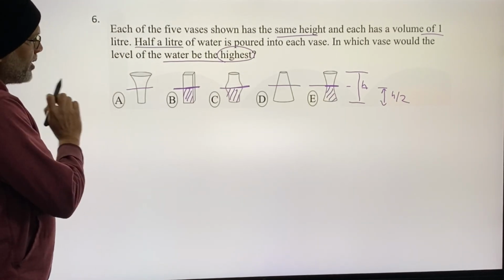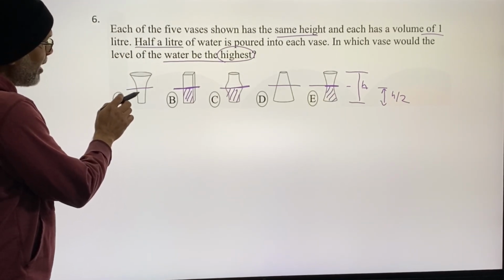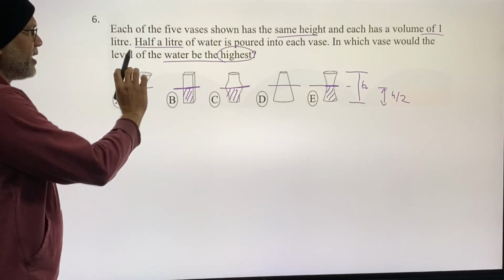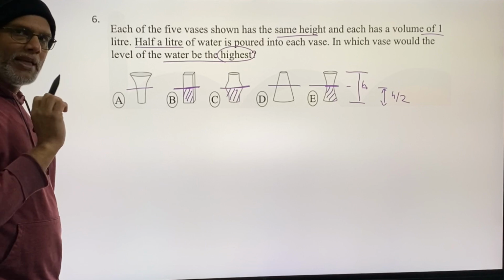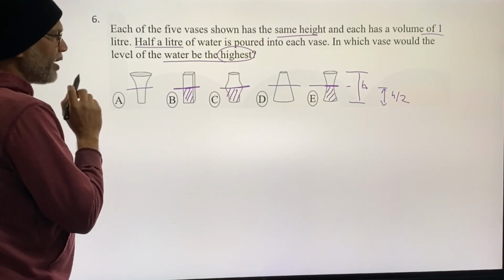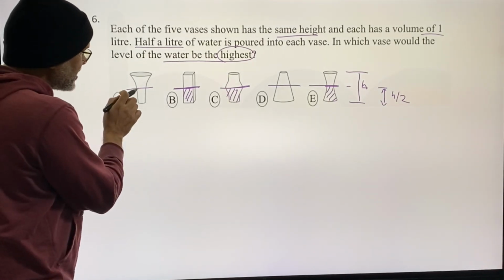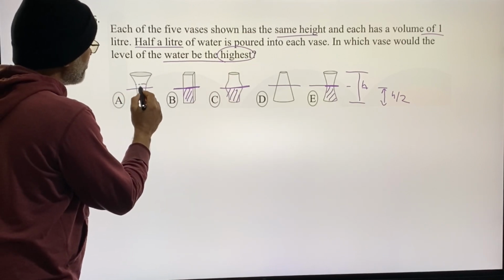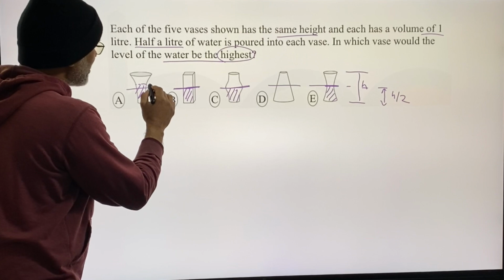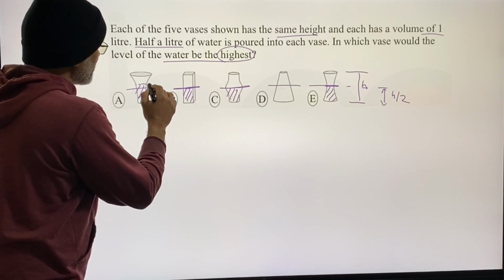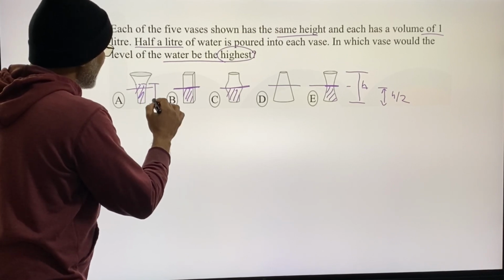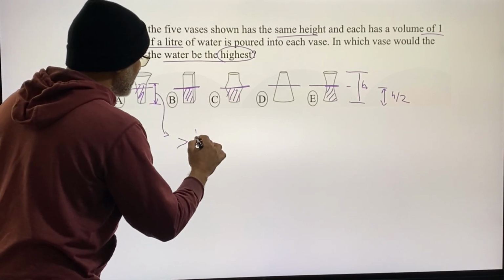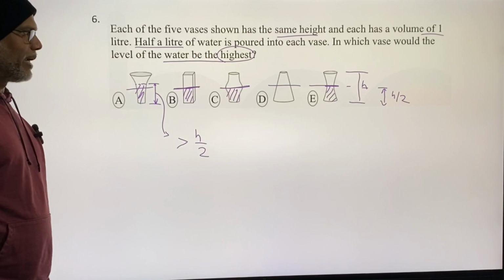How about this one? As you can see, the bottom h by 2 has less volume than the top h by 2, right? Now, if I pour half a liter, since this is less than half, the water level will be somewhere here, right? So this height is going to be greater than h over 2, right?